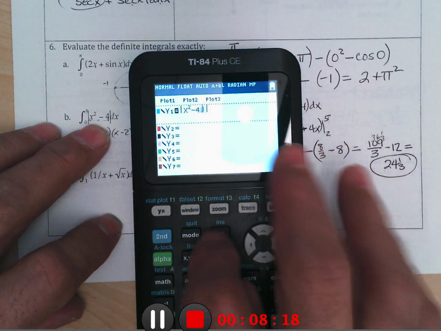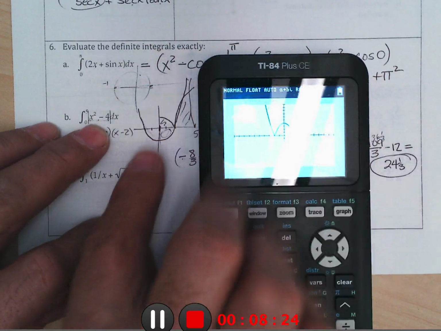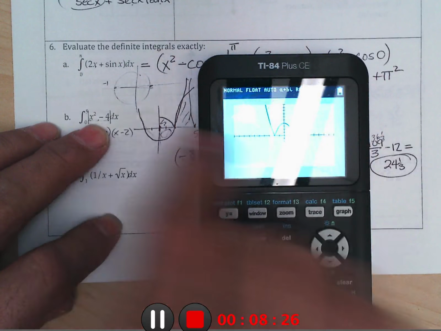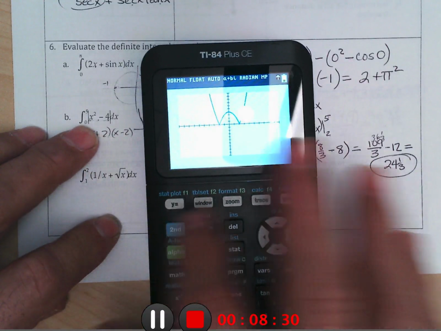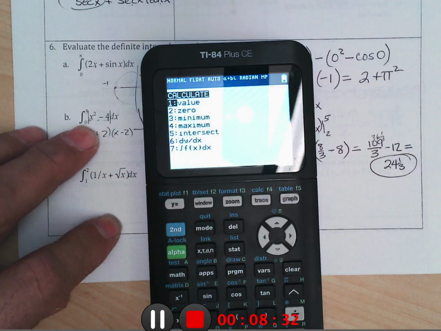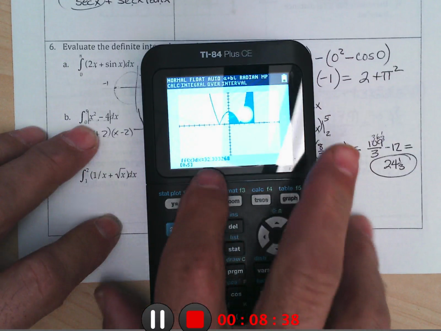So let's graph that. So you see how it flipped that nose up. And we want to evaluate this from 0 to 5. Second, find the area, number 7, from 0 to 5. 32 1/3.